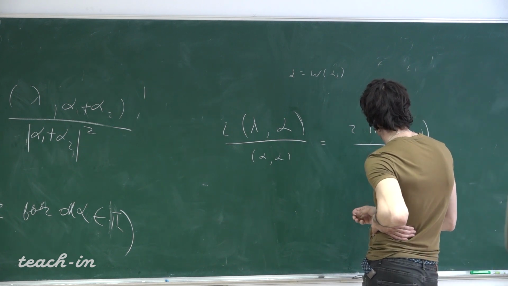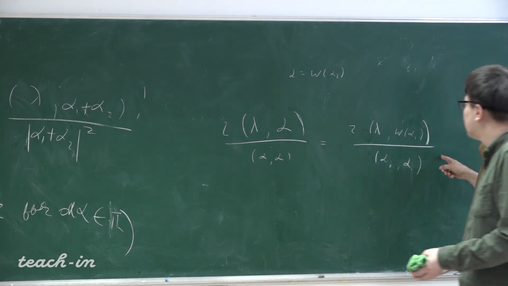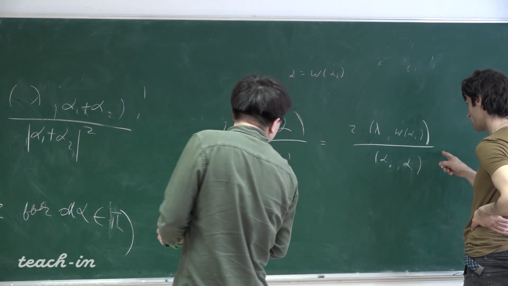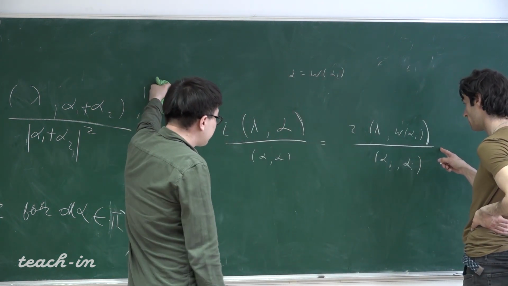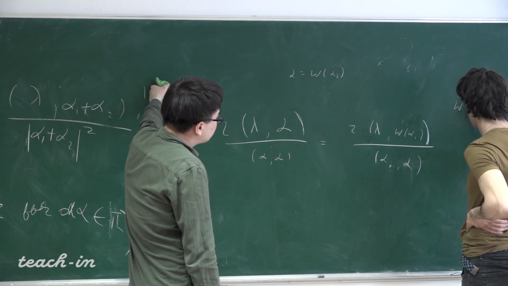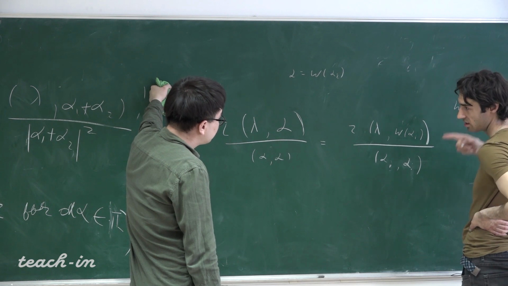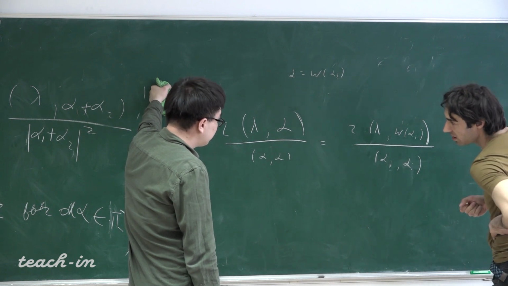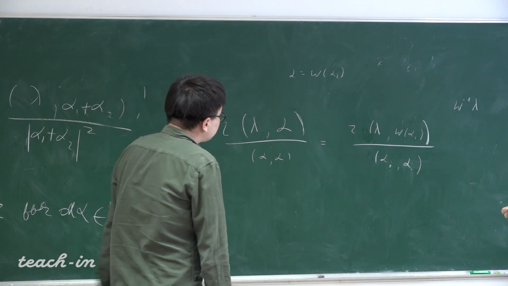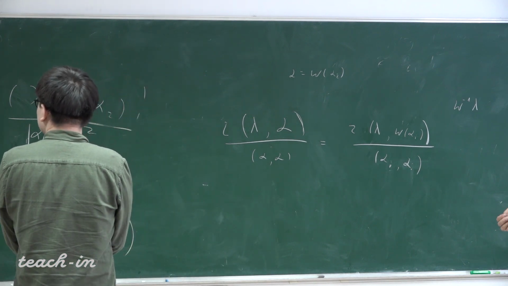Except, maybe not so fast, because I know that W inverse of lambda is inside.